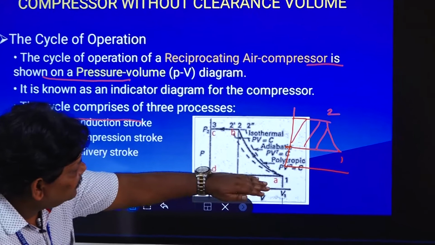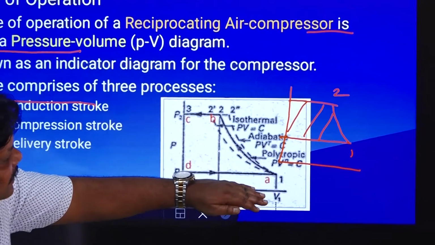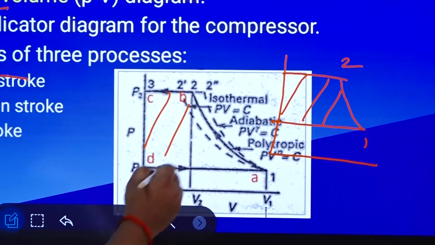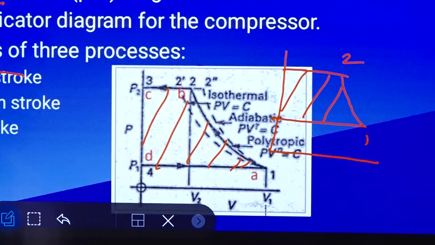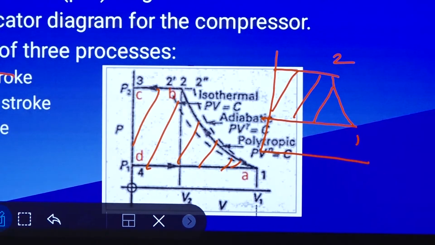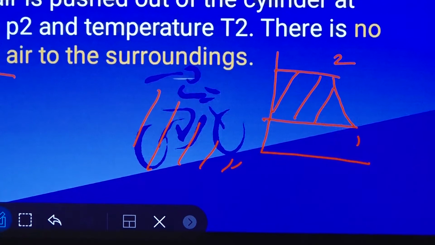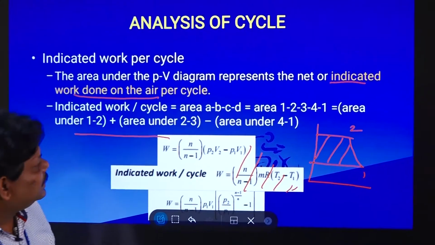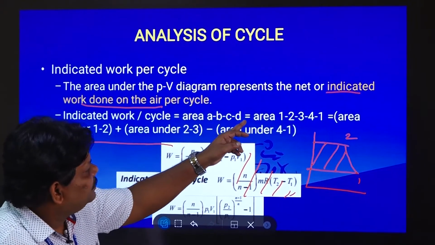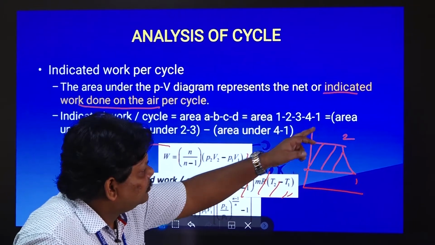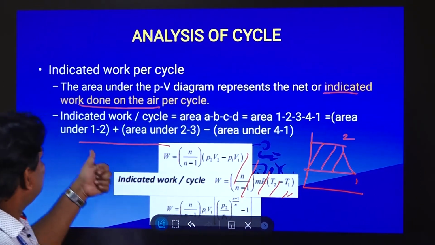You have to subtract this area, and when you subtract it you get the total area. The total area will be the work done.